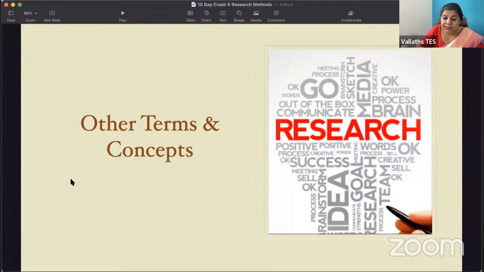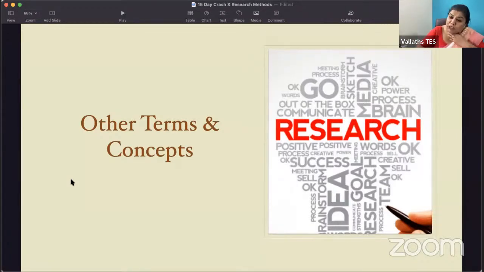What is action research? Action research was a term coined in 1944. Did you know that? It is about researching and solving a certain problem. You take up a problem and solve it using your research. That is called action research. What do you mean by factorial design in research?